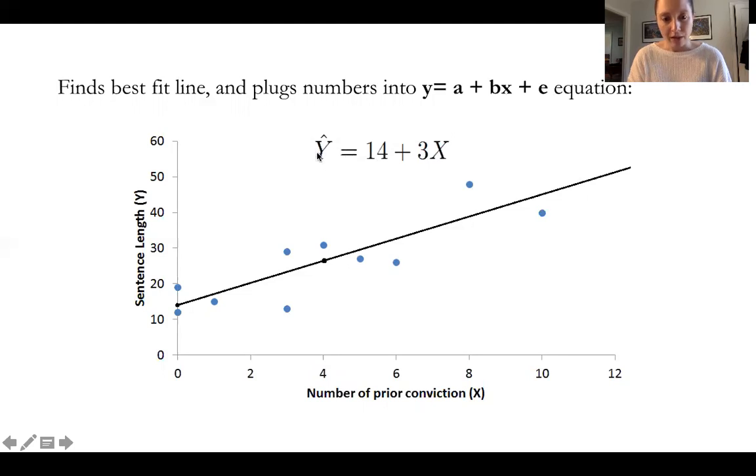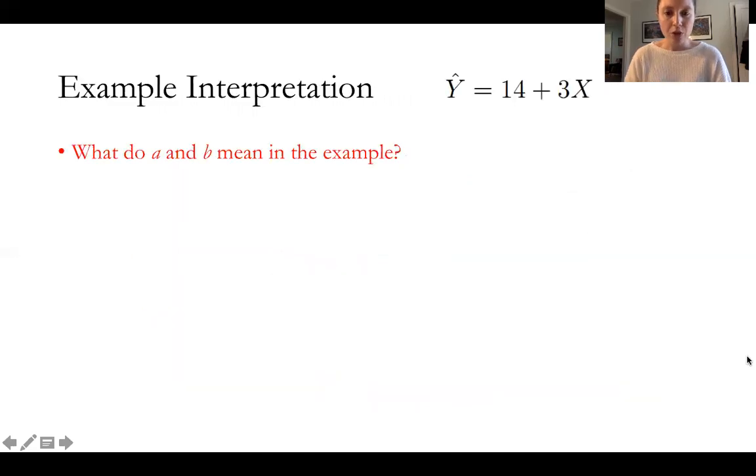But once we draw that line, these are the numbers that are associated with that line. The little hat on top of the y just means this is the equation for the line rather than the data itself. So this is what we're working with. Now let's go through the interpretation of this 14 plus 3x. What do A and B mean in this example?